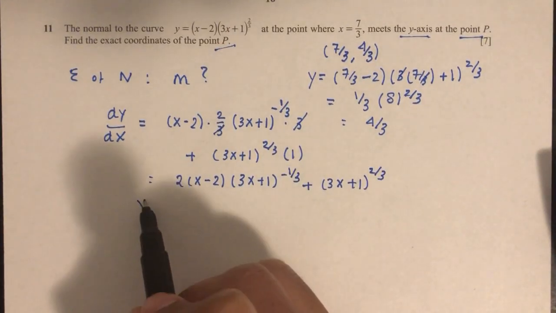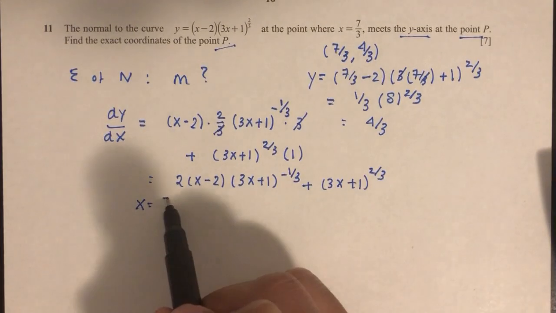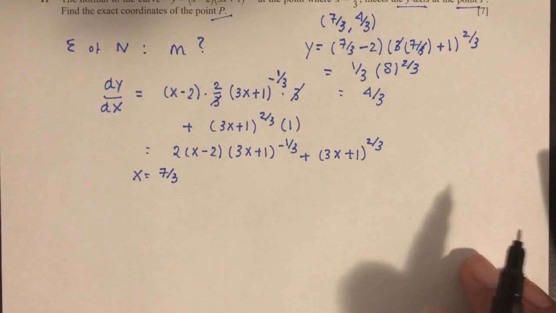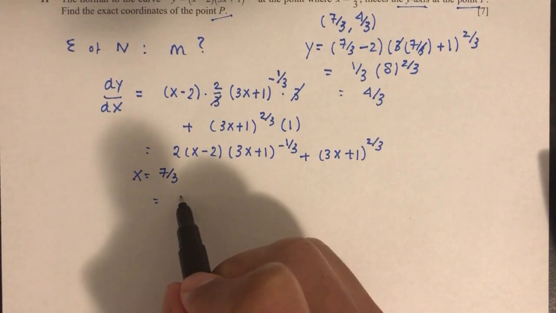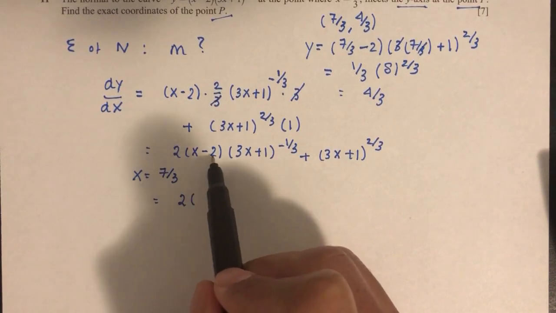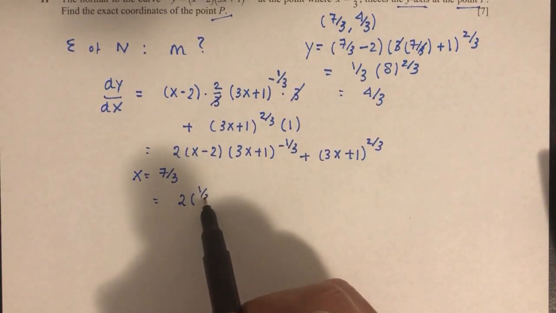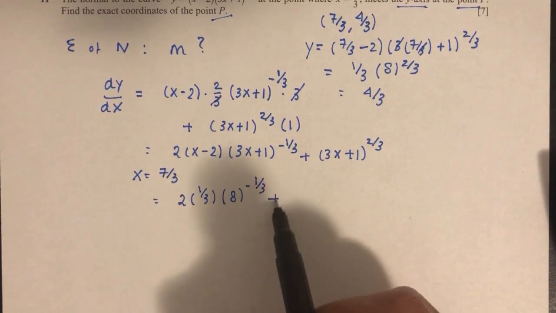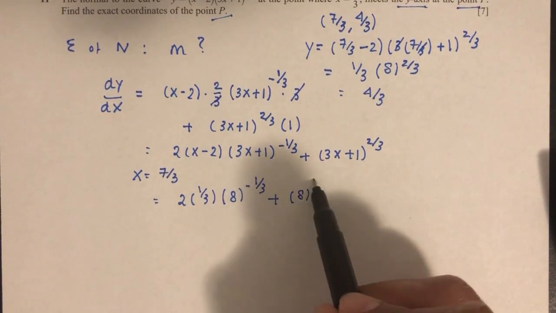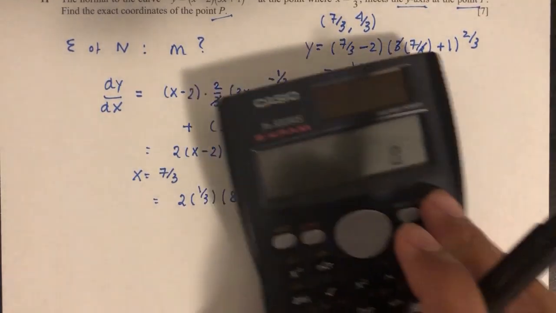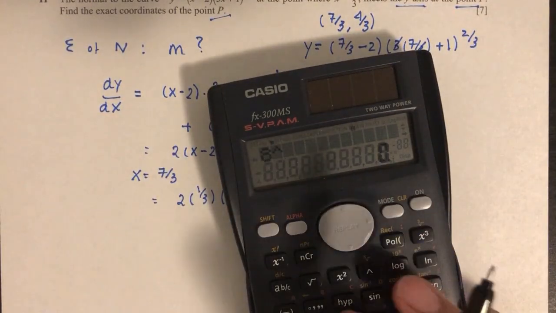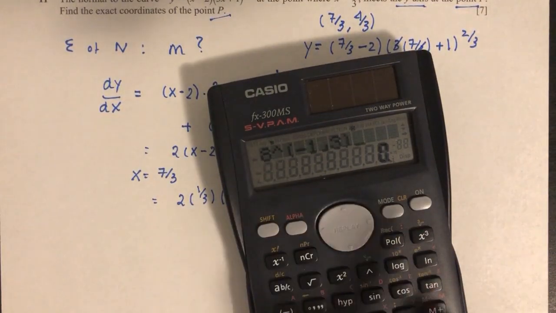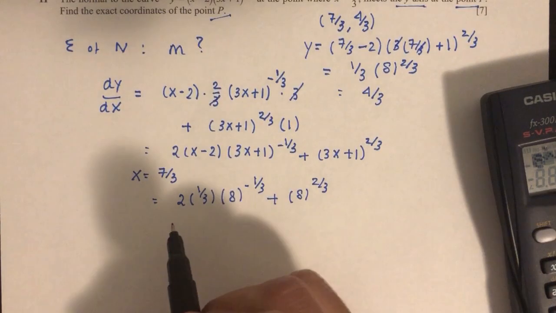So now let's replace the value of x by 7/3. Let's see what we have. 7/3 minus 2 is 1/3. That will be 8 to the power of minus 1/3 plus 8 to the power of 2/3. So what is 8 to the power of minus 1/3? That should be 0.5.